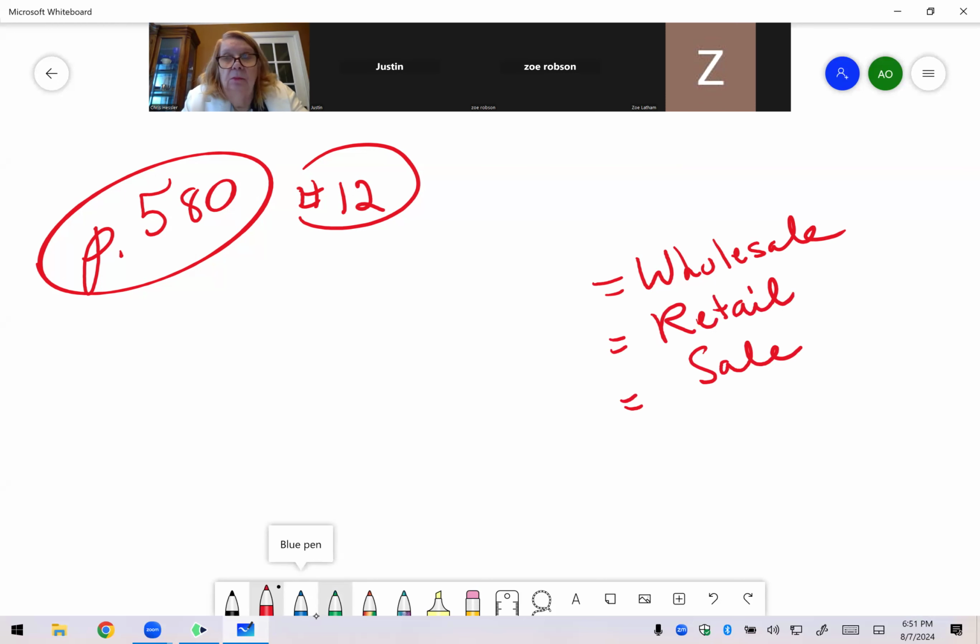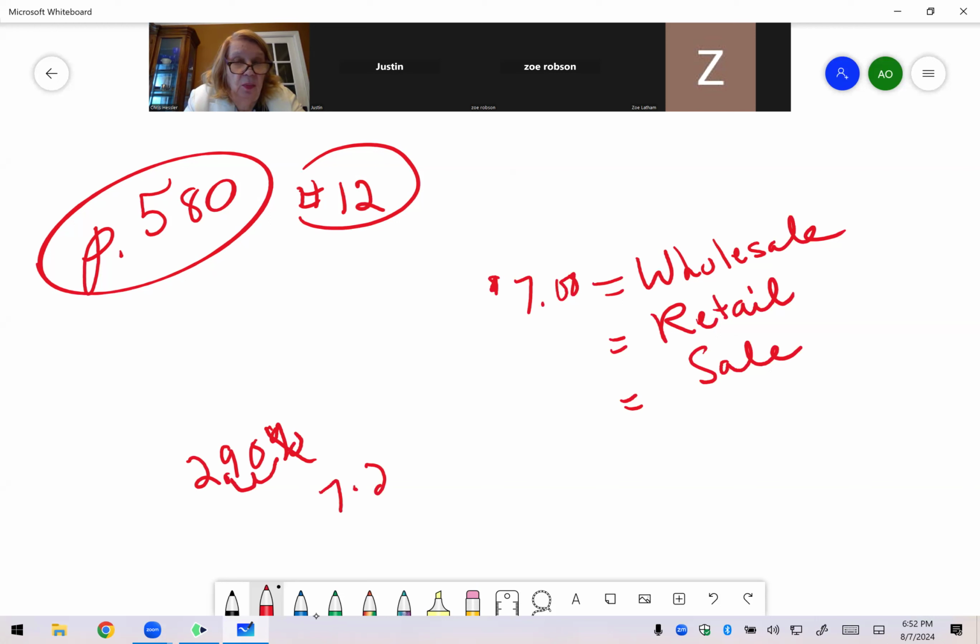So let's go through this. So the wholesale price is $7. Then the retail price is 290%. So I'm going to take 290%, drop the percent sign, put a 2 over. So 7 times 2.9 is going to give me 20.30.